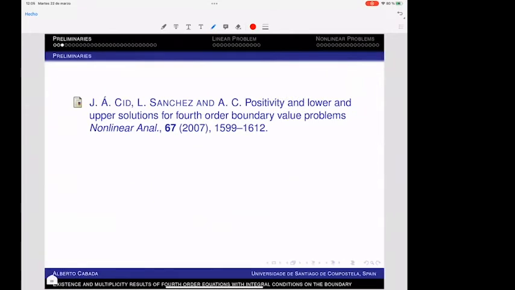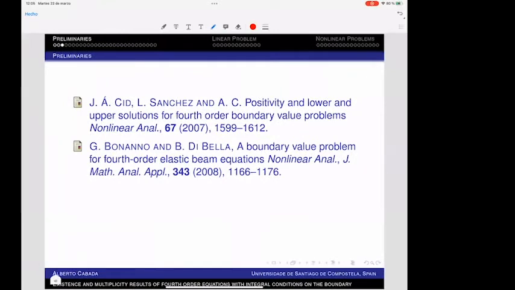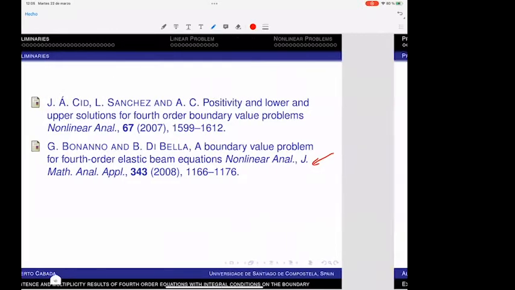In this paper that I did with Professor Thies and Professor Sanchez from Lisbon, we use lower and upper solutions related with spectral theory, with a different kind of boundary conditions. For instance, Bonanno here uses critical point theory, and deduces existence of solutions in this direction.